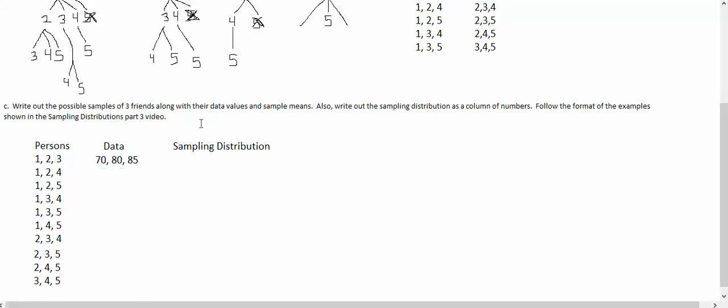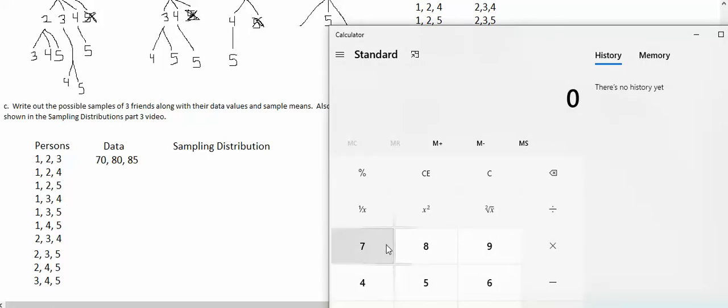And now what we need to do is get the mean of this first possible sample. To get that, we just add the 3 data values and divide the total by 3. So it's going to be 70 plus 80 plus 85, divided by 3, and we get 78.3.